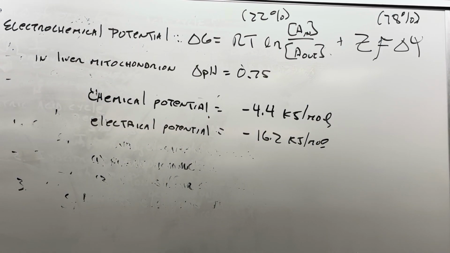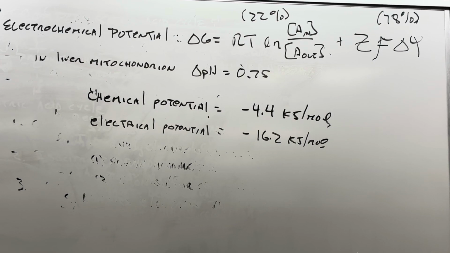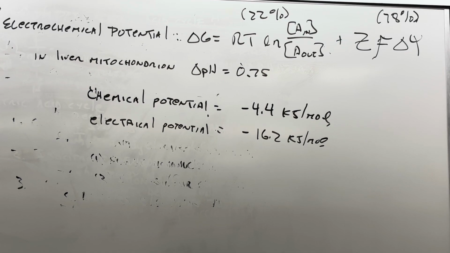And so one of the things I like to say is that what you basically turn the mitochondrion into is a battery, where now you have a separation of charge between the inner membrane space and the mitochondrial matrix.